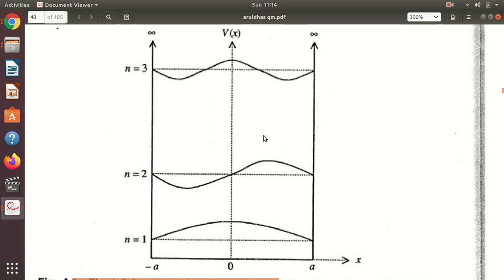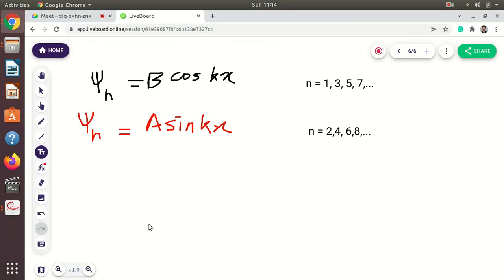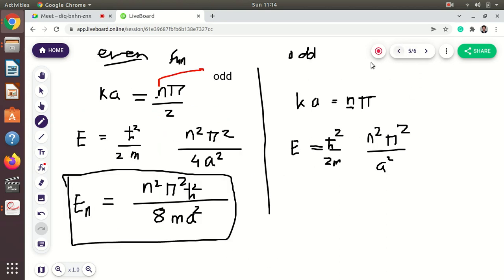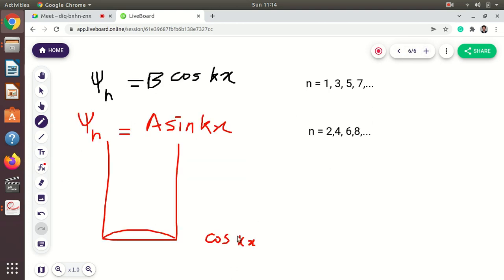Therefore whenever we draw the energy level diagram for a symmetric well, the first function is the cos function. So this is cos kx. When you put the value of k, you can see here the value of k is n pi by 2, so you can put n pi by 2 here.